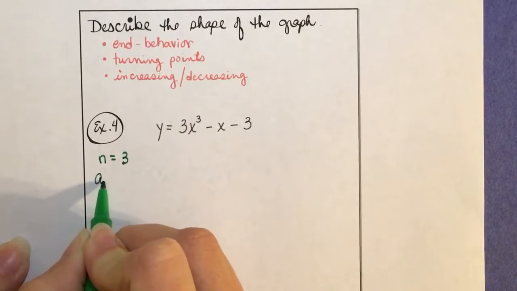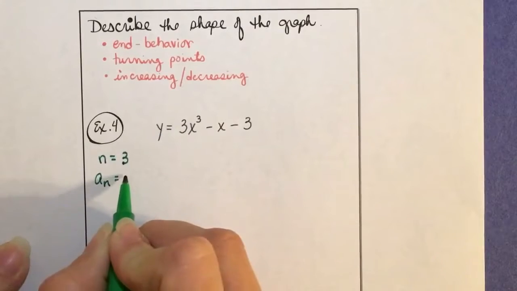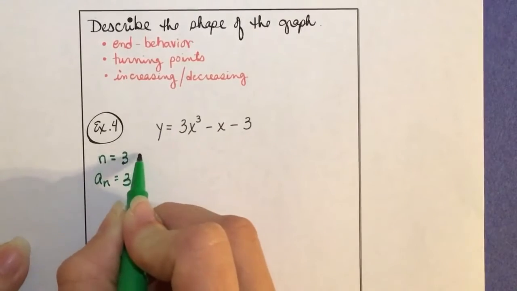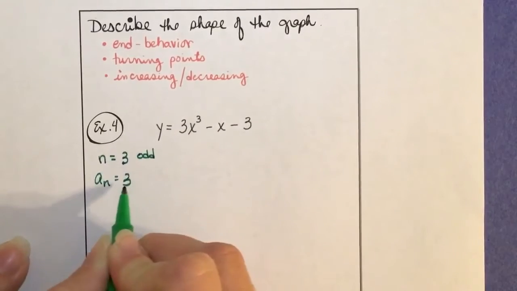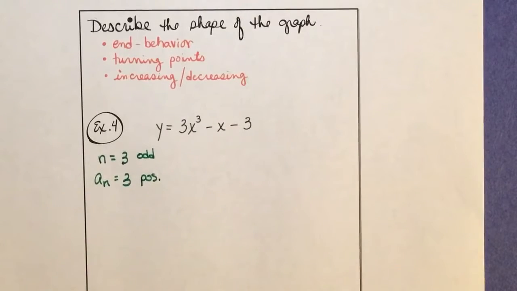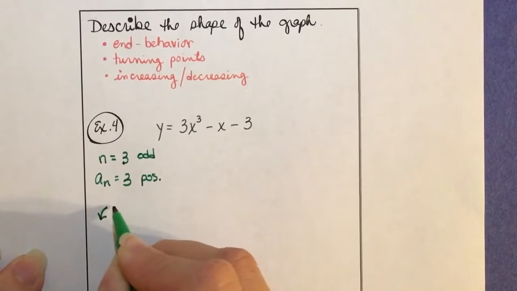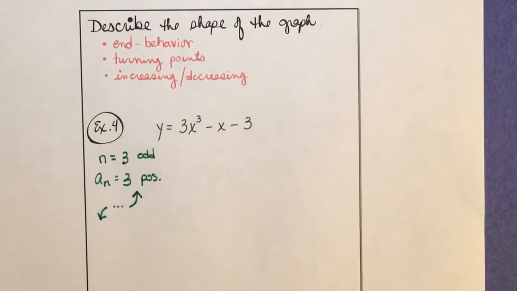And your leading coefficient is going to be, of course, the number in front, which also is a 3. So you remember, you look at this as being odd or even. You look at this as being either positive or negative. So if you have the combination of odd and positive, that means that your left side's going to go down and your right side is going to go up, okay?